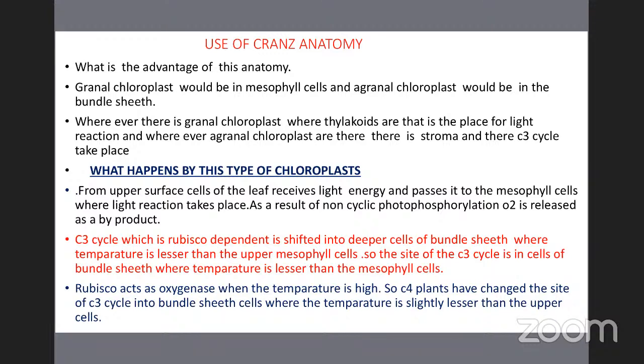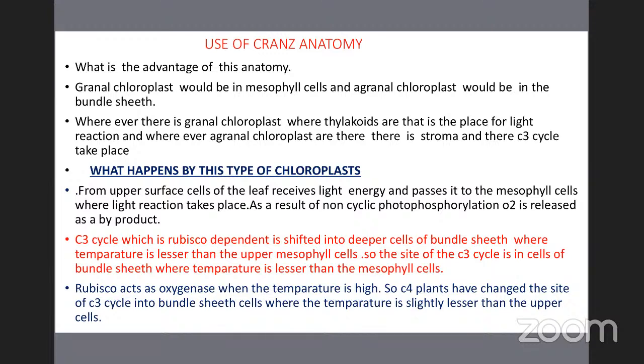And these thylakoids are absent in agranal type of chloroplasts. That's why granal type of chloroplasts are situated in mesophyll cells. That is the advantage. By having this grana, thylakoids, and pigments in thylakoids, they help in trapping the sunlight through the upper epidermal cells. So that is the advantage of having granal type of chloroplast in mesophyll.